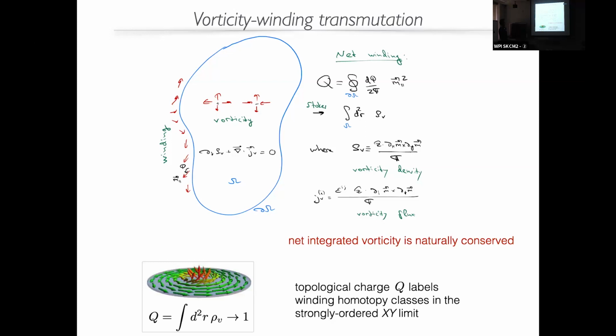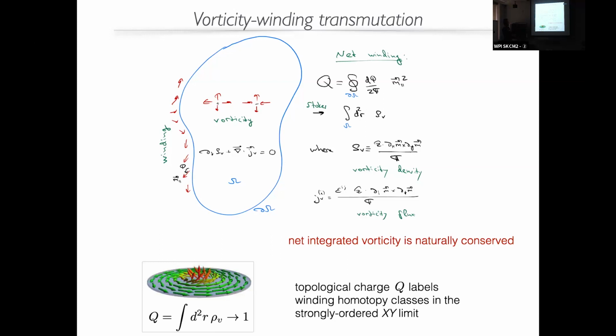For example, integrating over the boundary of this patch, let me define net winding in this fashion. Phi is the polar angle within the plane of the order parameter. M parallel is the planar projection of my vectorial order parameter. So that's the definition of winding.